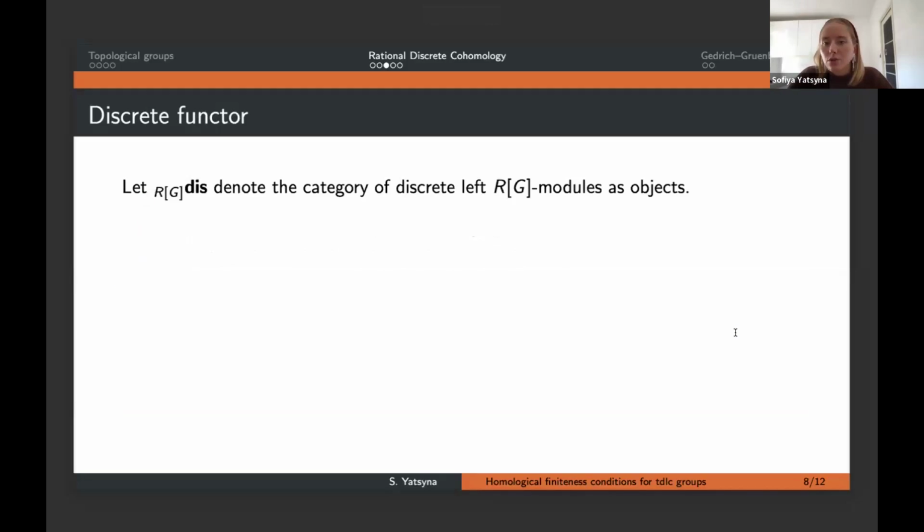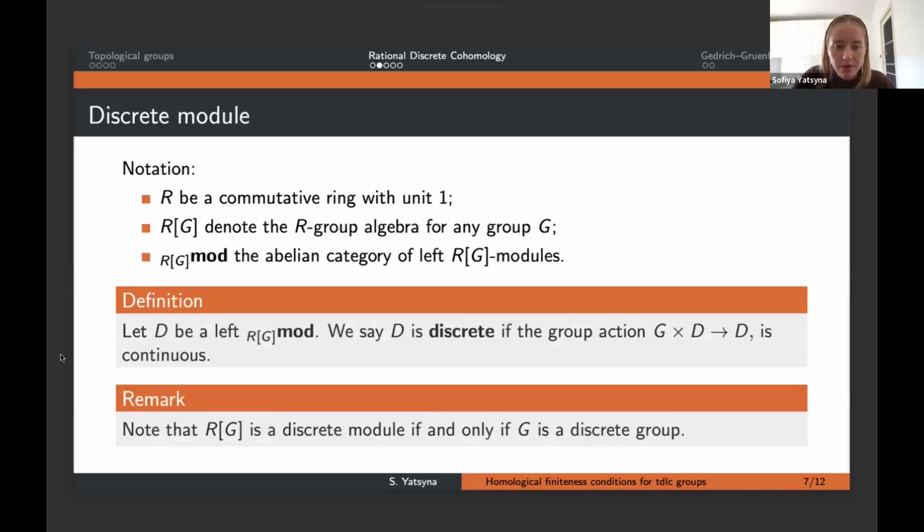So what do I do if my actual module is not discrete? We have this category RG-dis, a category of all discrete left modules. This is actually the full subcategory of our module category RG-mod.